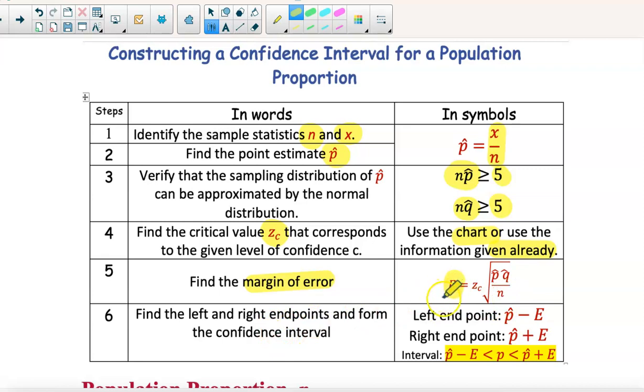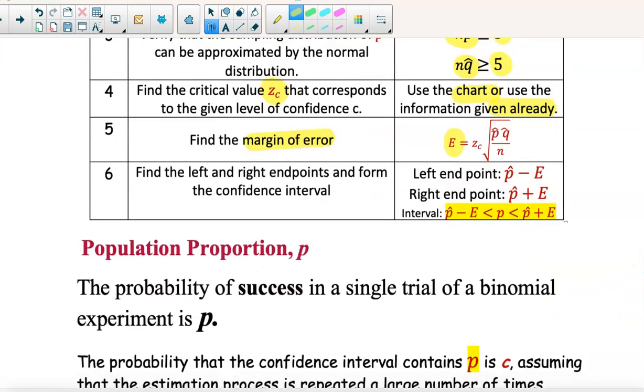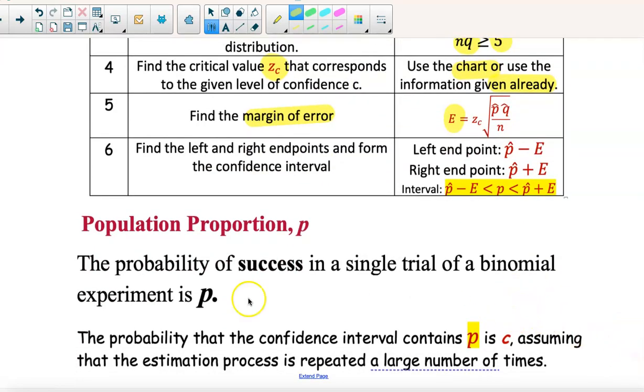After finding E, subtract it from and add it to the point estimate, because I'm going to find the population proportion. So p hat minus E is less than p is less than p hat plus E. This is the final thing we are going to obtain.